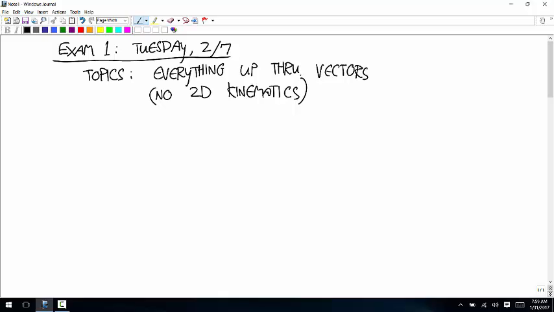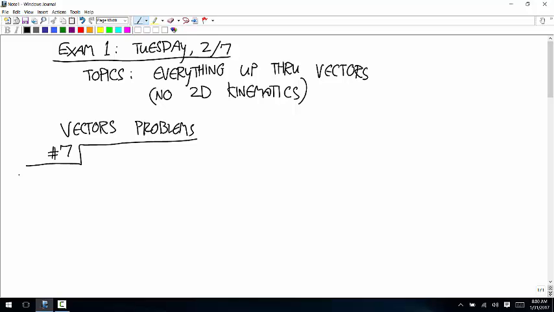These are the vector problems. Oh, okay. So all the ones with 2D kinematics.